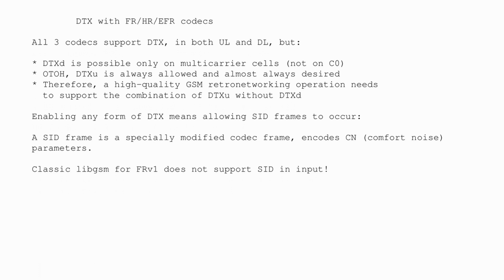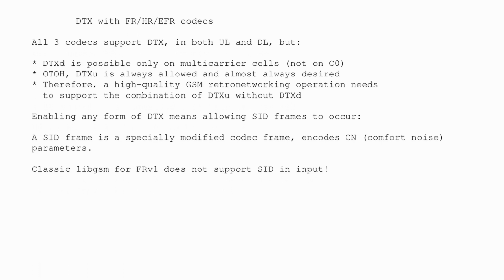So, as I said here, for high quality retro networking operation, you kind of want to support a combination of DTXU, but not DTXD. And so, okay, now we say, all right, we want to enable DTXU. Well, the moment we enable DTXU, now all of our Osmocom network elements that are in the path have to understand what a SID frame is.